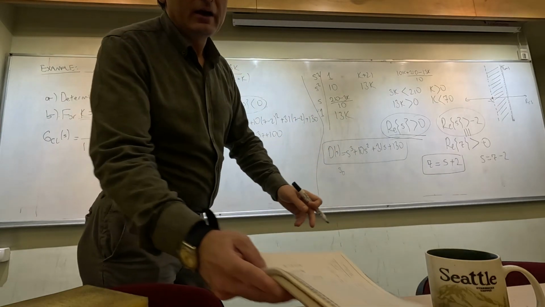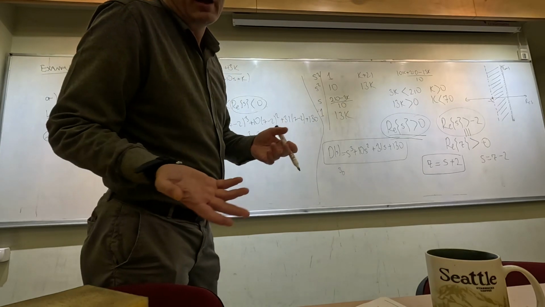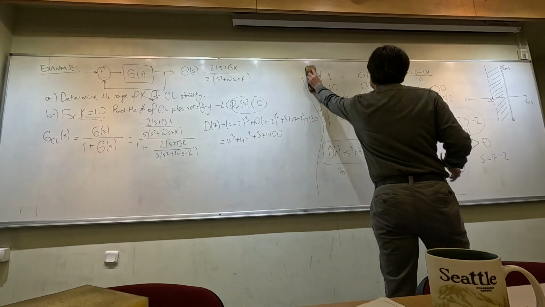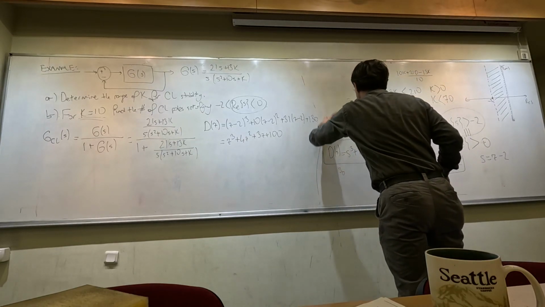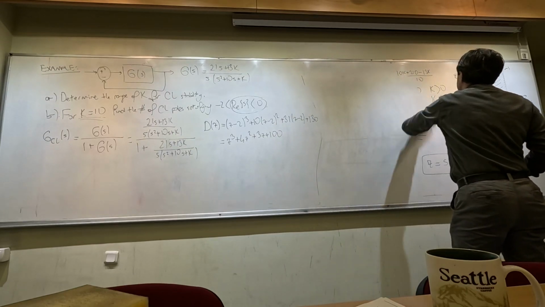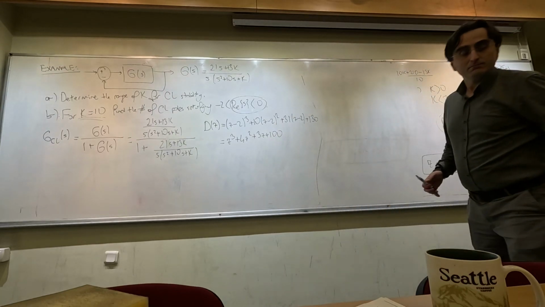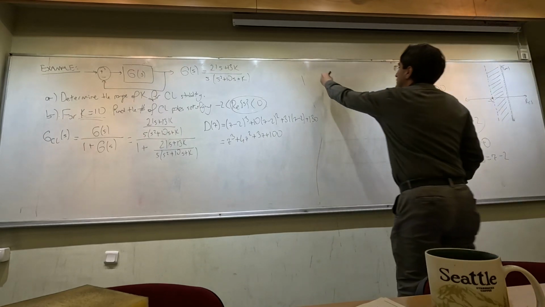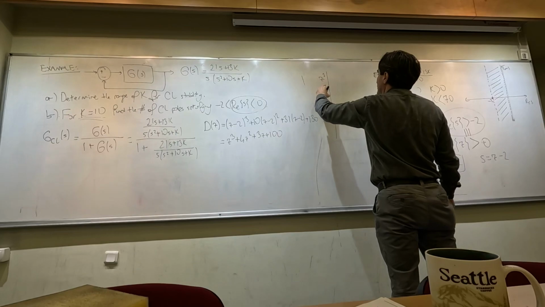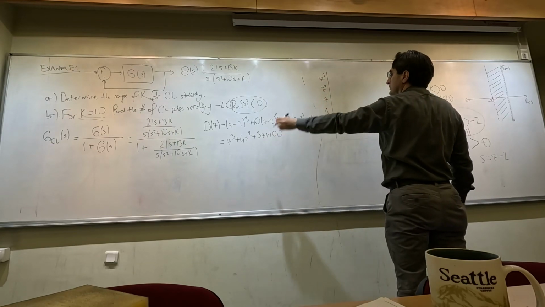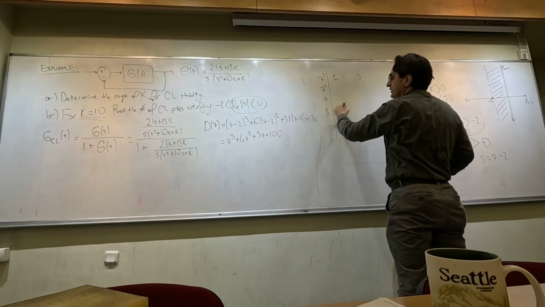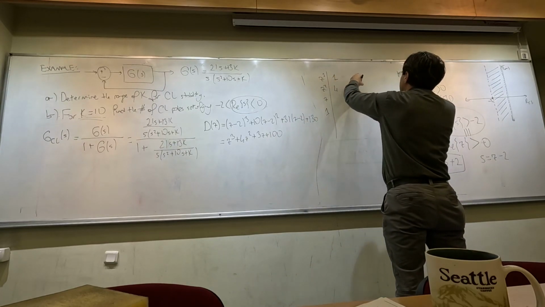Okay? And then I'm going to apply the Routh stability criterion to this new polynomial instead. This is Z cubed, Z squared, Z, and 1 here. So I have 1 here, and I have 3, and I have 4 and 100.